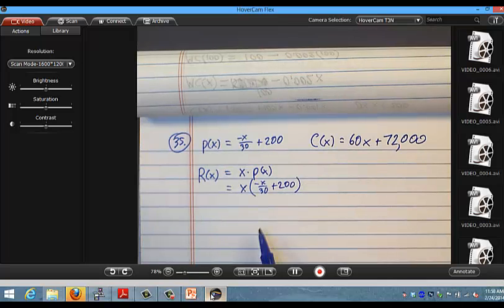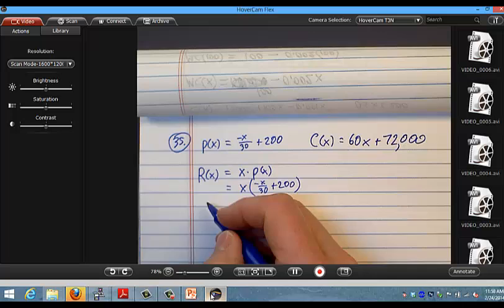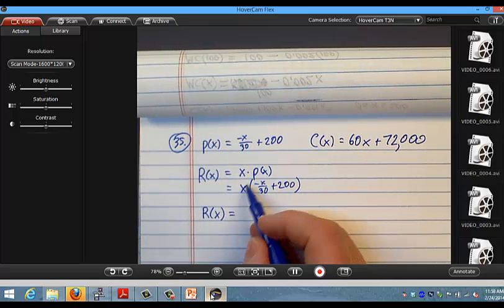Do you guys think I should simplify this? No. I mean, what am I going to do next? I'm probably going to be using it, right? I would simplify this one. Multiplying by x, isn't that easy? You know? Why don't we rewrite the revenue function as, I'll distribute the x.